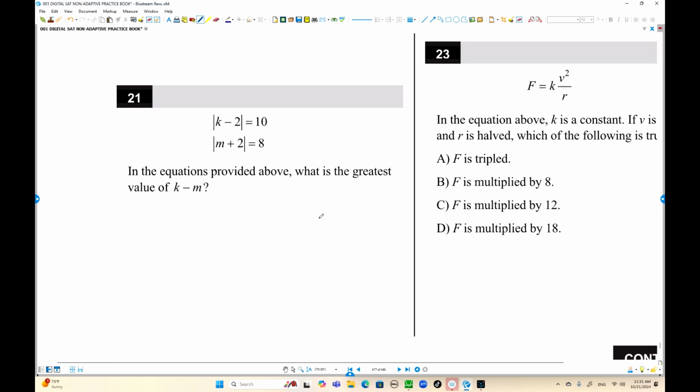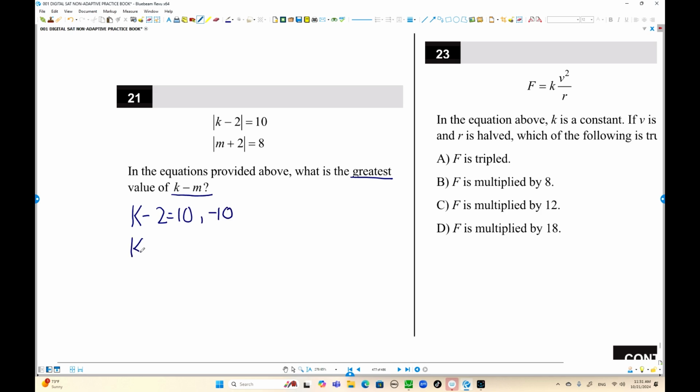Here is number 21. What is the greatest value when you subtract k minus m? But when you take a look here, the absolute values, they have two different values of k and m, right? We solve this one. k minus 2 equals 10 means what, it's going to be 10 or negative 10, right?